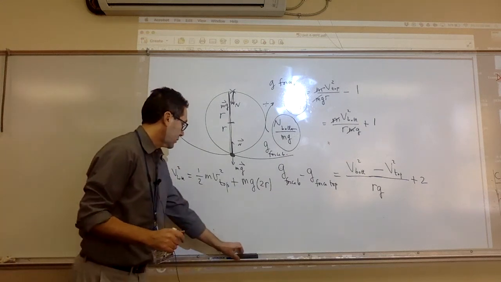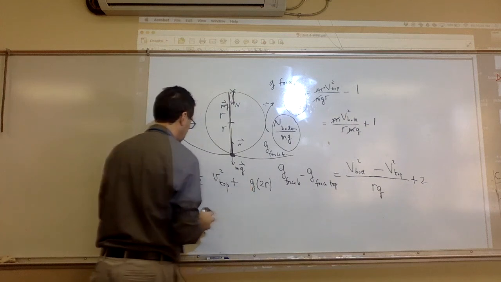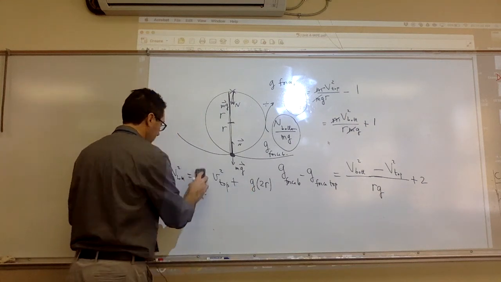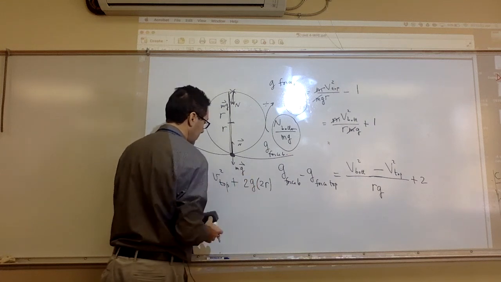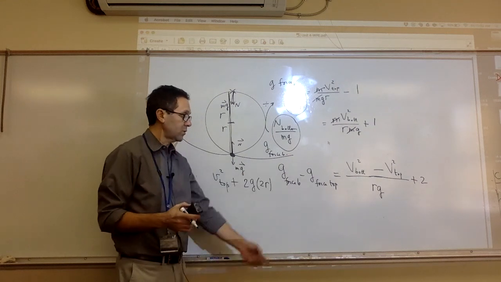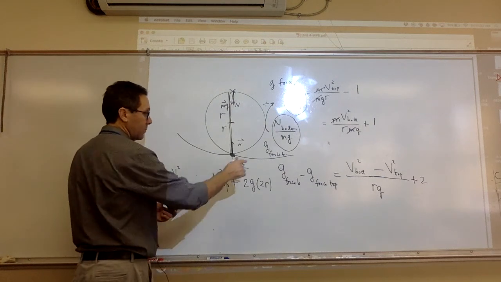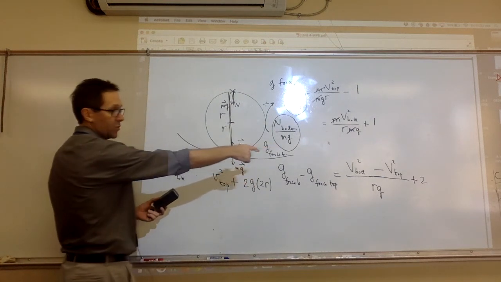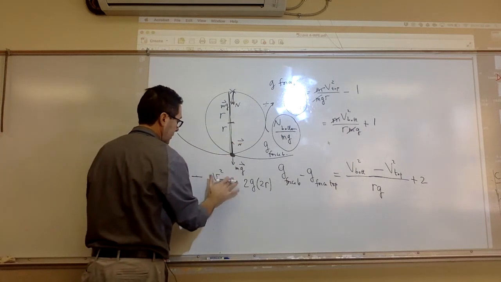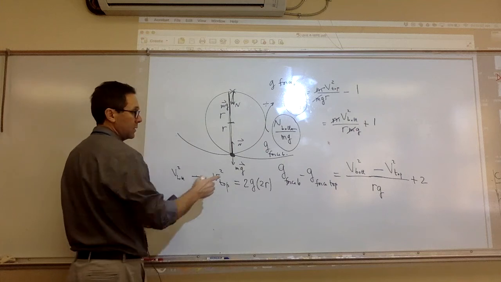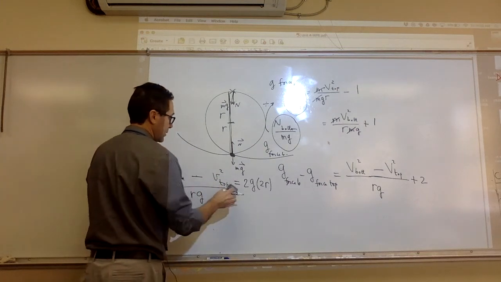So let's see what we can do here. I can get rid of the mass, and if I multiply everything by 2 to get rid of the half, I see a 4 and a 2 in there. Maybe I can subtract. I'm looking to get that top expression with the difference of the velocities. I need to divide by rg.